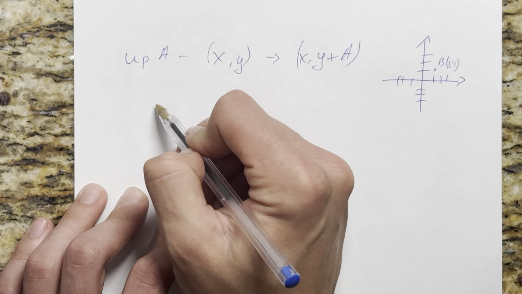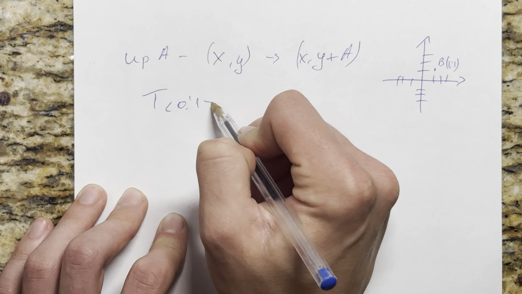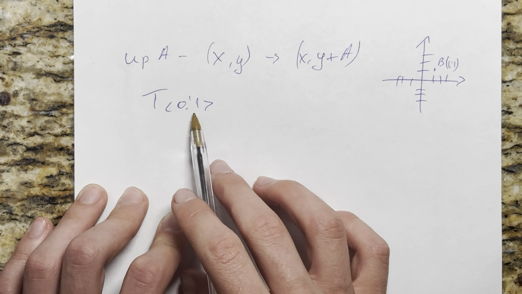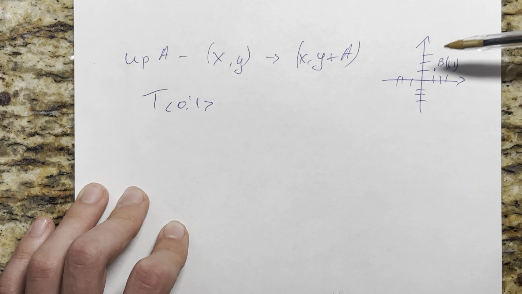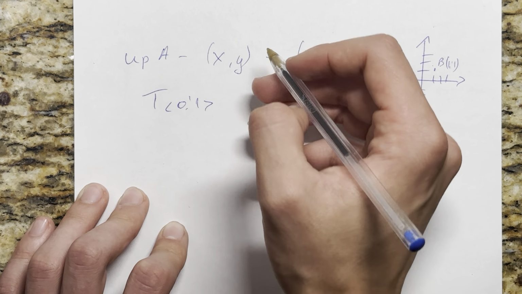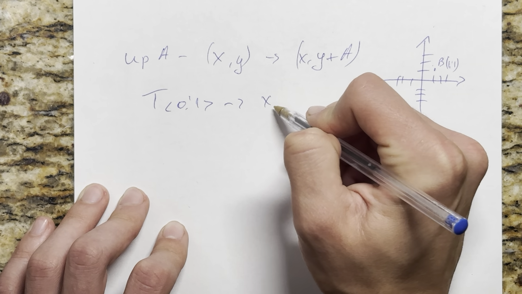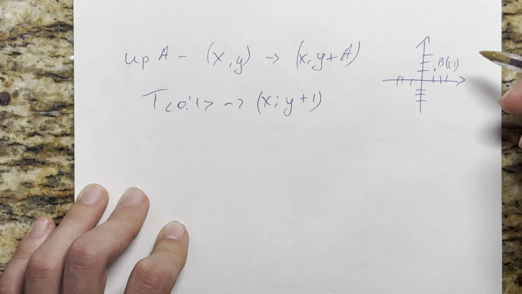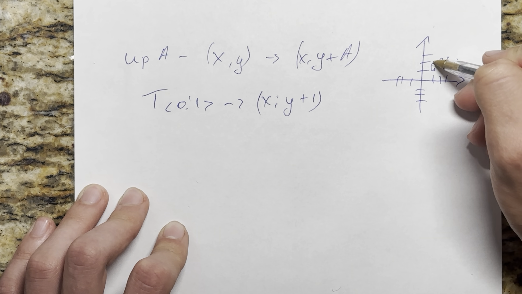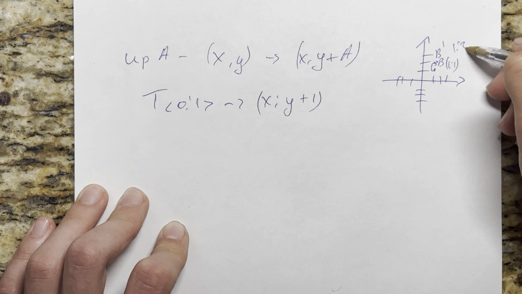And we want to translate it up by 1. So we'll put a 1 in place of the y coordinate to move it up on the y coordinate by 1. And so we'll write it as x by itself and y plus 1. So from point B it will move up 1, it will be B prime, and the coordinate will be 1, 2.